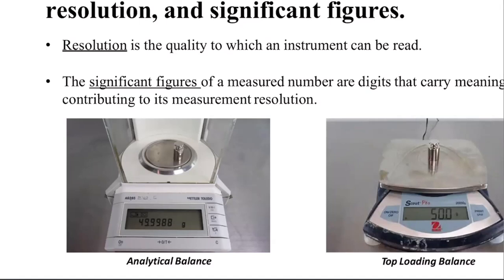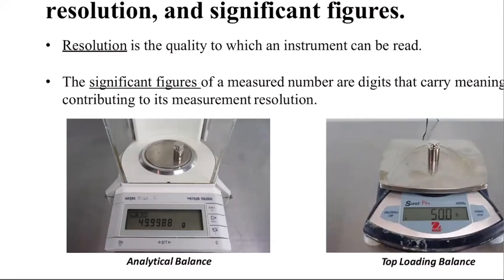A significant figure is simply a measured number, the digits that carry meaning in a measurement. Significant figures are always attached to the resolution of your instrument. If I'm comparing these two objects, then an analytical balance has a better resolution than a top loading balance.